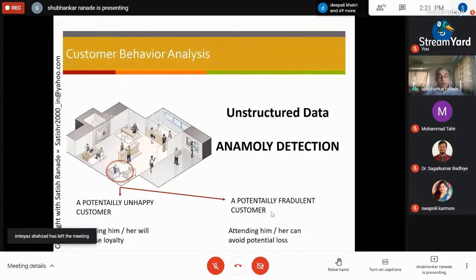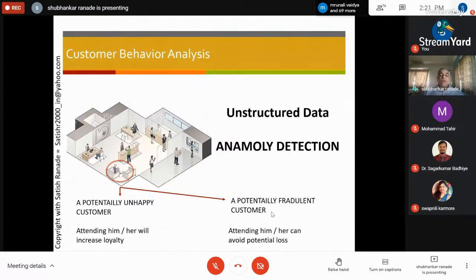Now, what is the normal customer behavior expected? That the customer will walk in, go to some counter, go to some ATM, or transact some business, and in about 10-15 minutes time, he will go away. While now this guy is sitting there for 15 minutes, he is not talking to any of the bank officials, he is not conducting any transaction, and he is just sitting there.